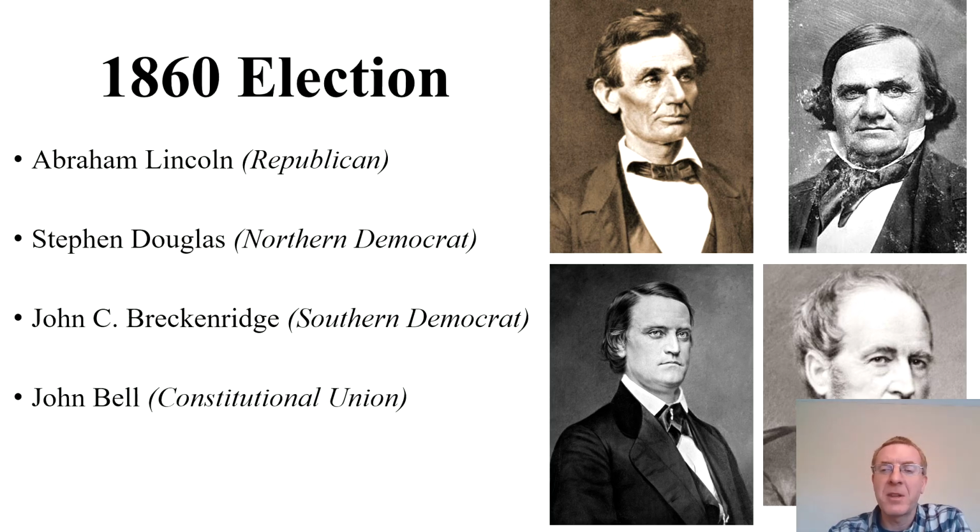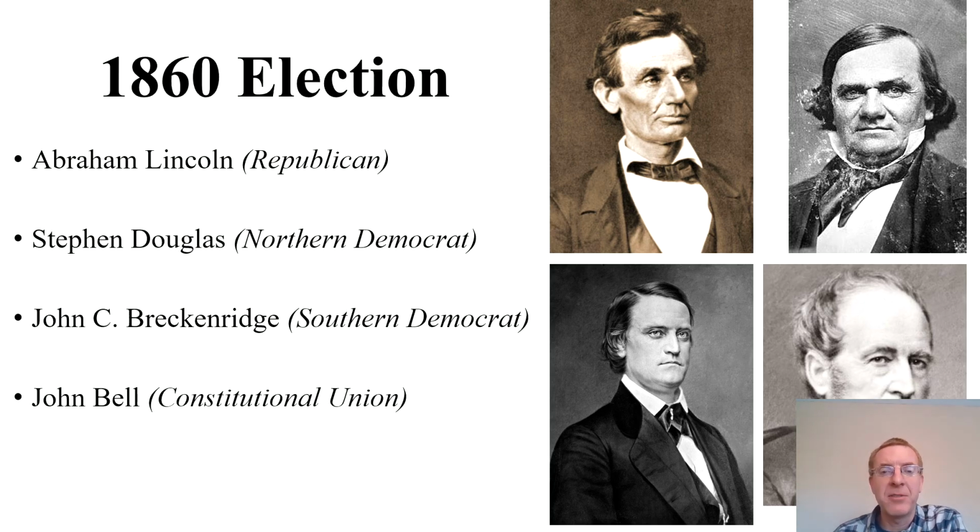But John Bell is from Tennessee, an upper South state. So a lot of Northerners immediately recognize him as a Southerner, as someone who's pro-slavery. And the fact of the matter, though, this party, created by John Bell and also by Crittenden, another prominent person who was in favor of having a very modest approach to the issue of slavery towards the Constitution in the name of preserving the Union. That is all they want to do, is preserve the Union.